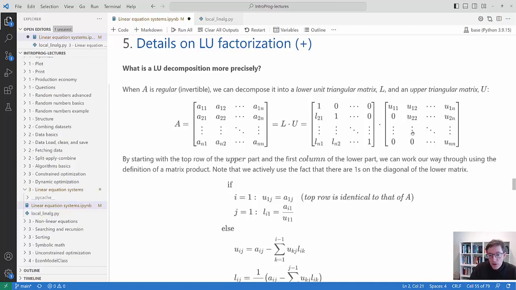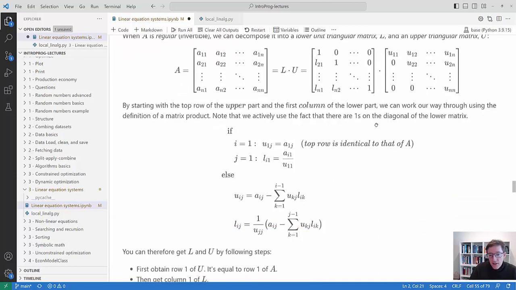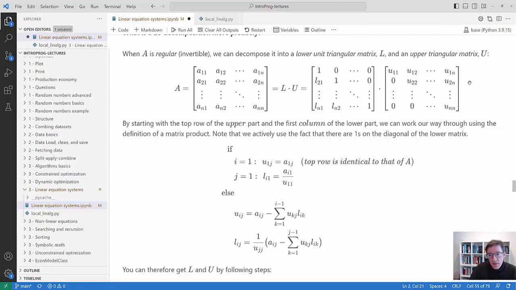And if you want to do this decomposition, there is a fixed way that you can do this. You see that if you start with the first row up here, then because all these are zeros, if you multiply these together, the first thing that comes out, U11, must be equal to A11.